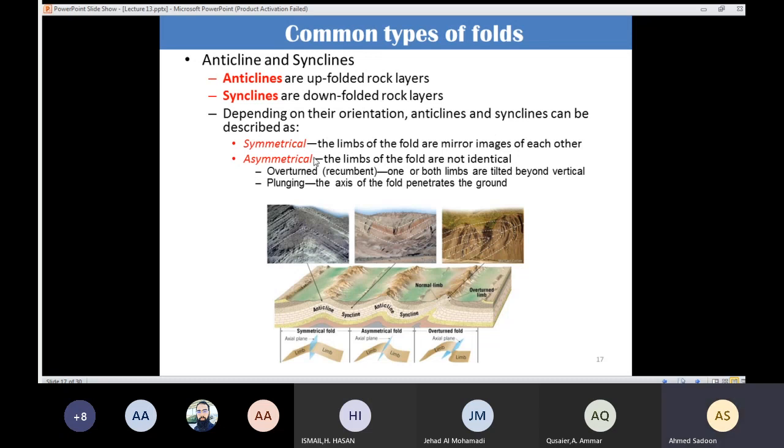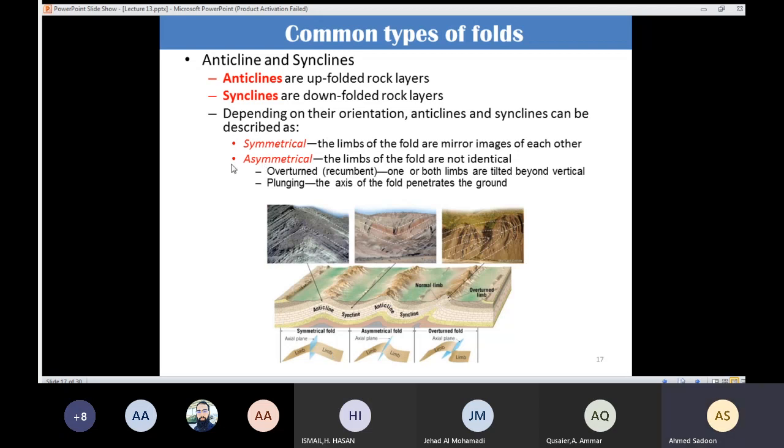If it's symmetrical, that means if you are looking at the axial plane, which connects all the hinge lines, this part is a mirror image of that part, which means, in other words, the limb on the left-hand side is identical to the limb on the right-hand side.